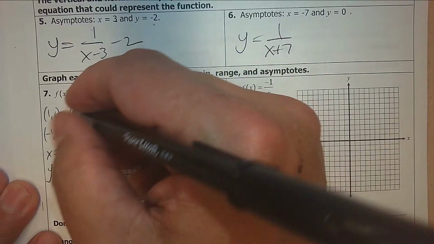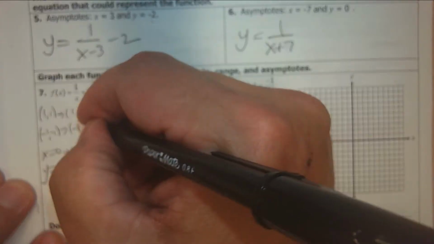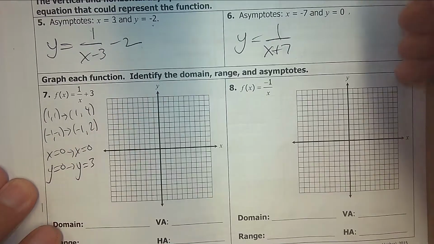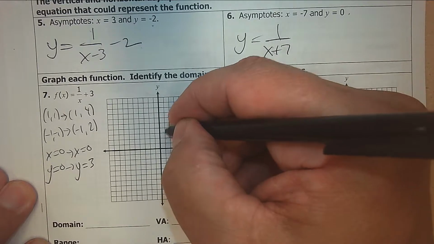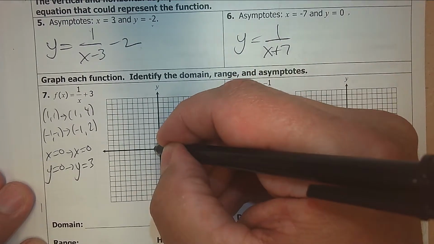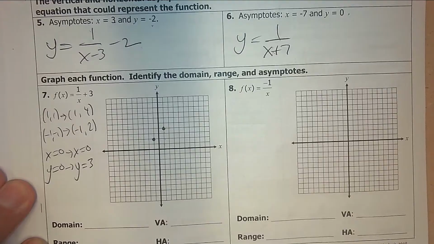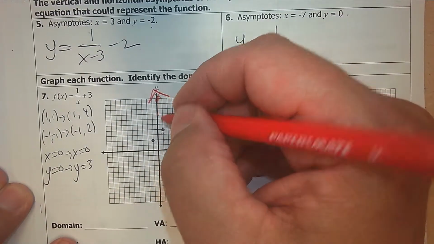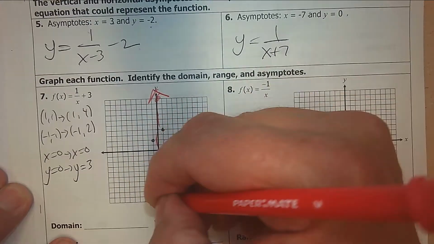So 1 + 3 is 4, -1 + 3 is 2, and 0 + 3 is 3. I'm going to plot these points, so 1, 4, and -1, 2. Oops, yeah, add 0. And the other one's at 3.